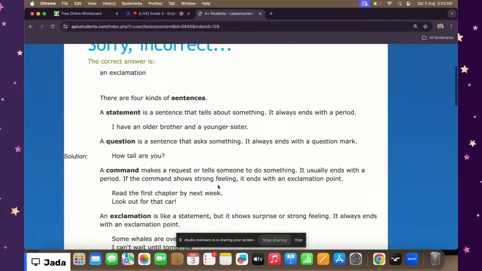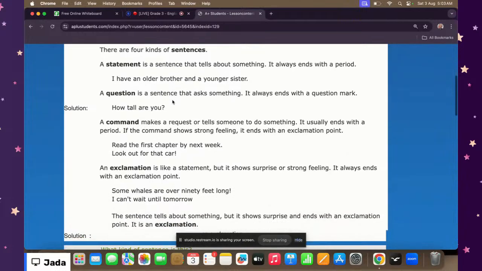First of all, we need to note that we have four kinds of sentences. The first one is a statement. So now, what is a statement? A statement is a sentence that tells about something. It always ends with a period.